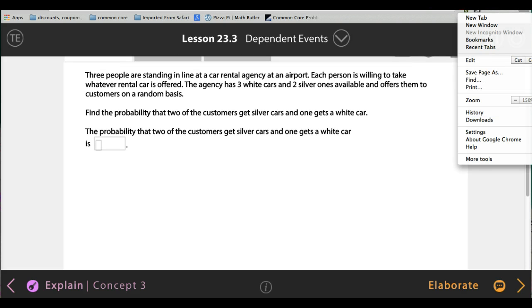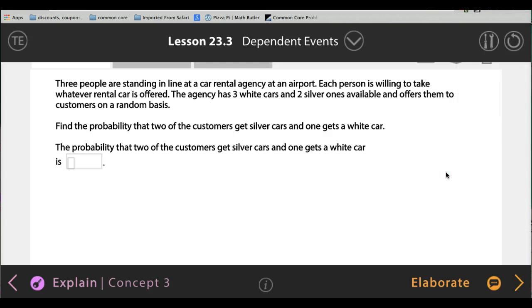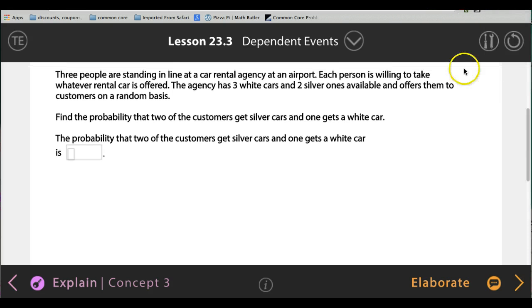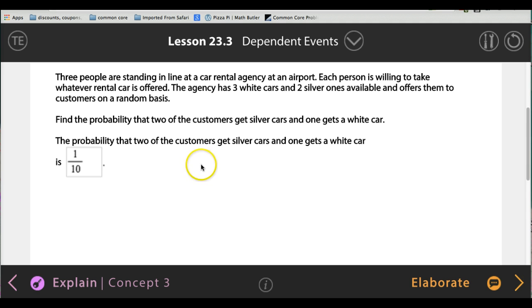Let me see if I could make it one more time bigger. There's 3 people standing in line at a car rental agency. Each person is willing to take whatever rental car is offered. The agency has 3 white cars and 2 silver ones. Okay. In order for you to solve this, you have to do a couple things, okay?